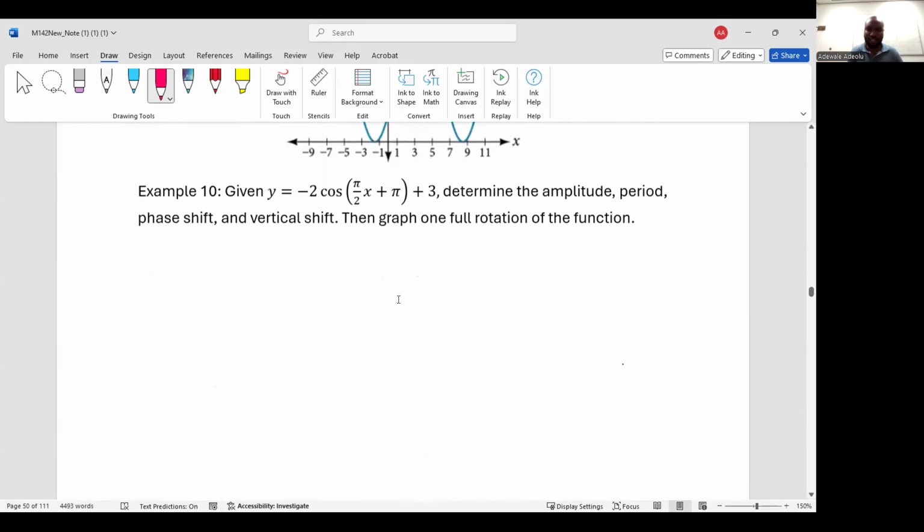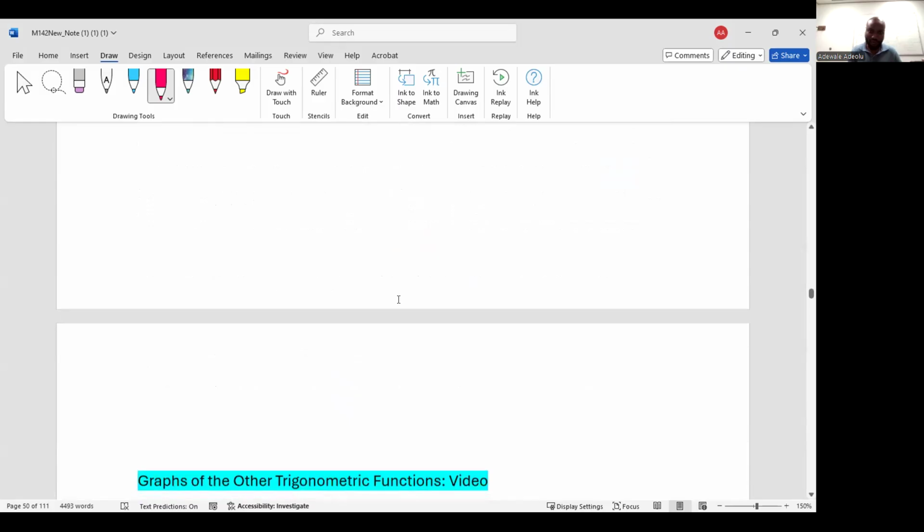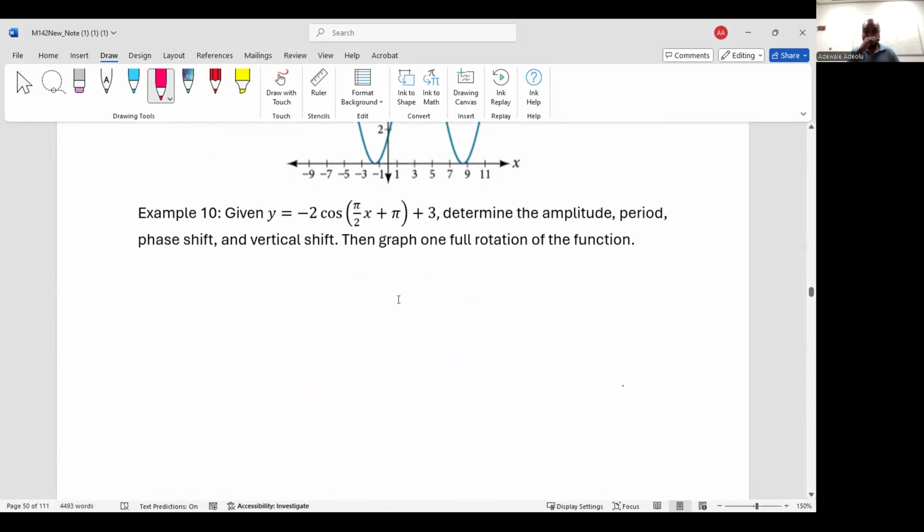Lastly, for today, I want to graph. Let me consider the last example. Given y is this, now we have the equation, and we want to move to graphing it. Let us see if we will be able to do that.